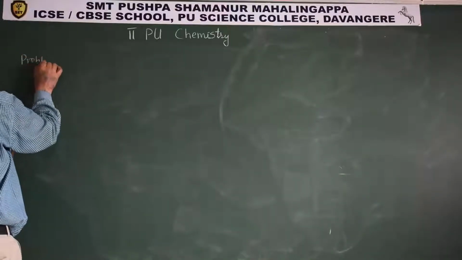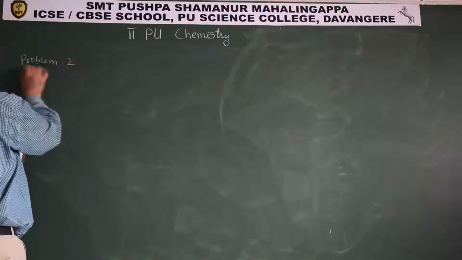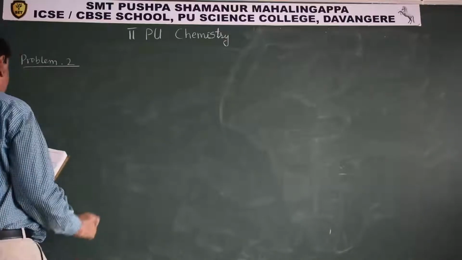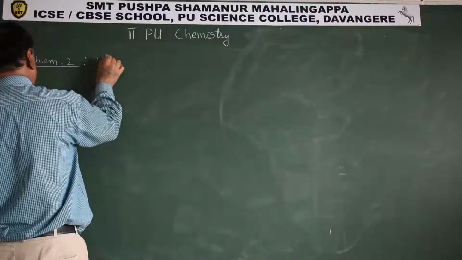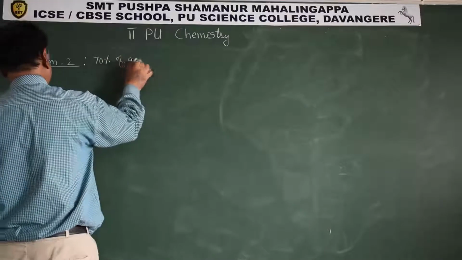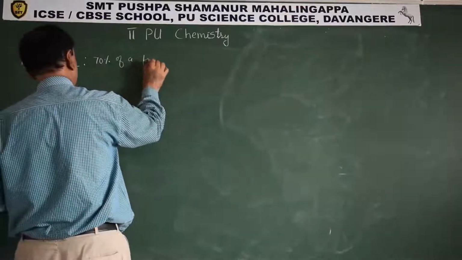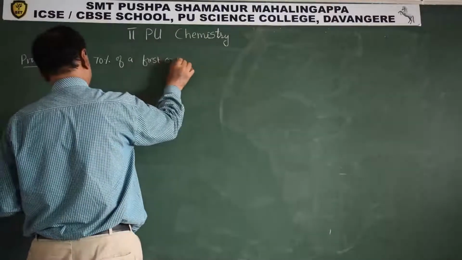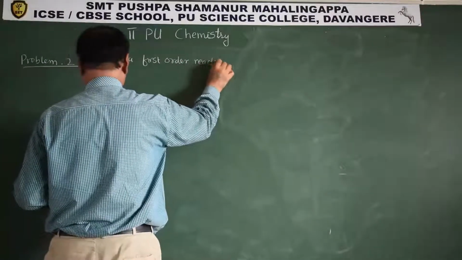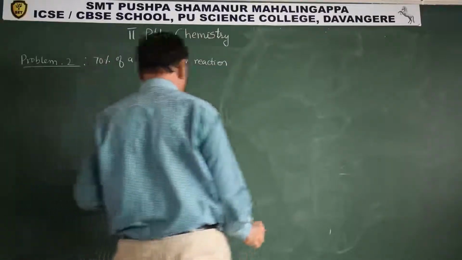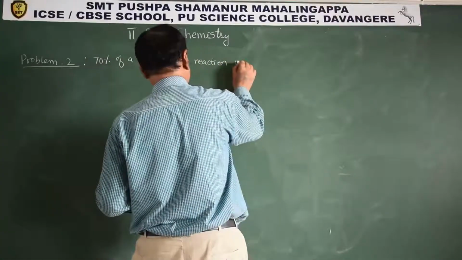Problem. 70% of a first order reaction is completed in 23 minutes.